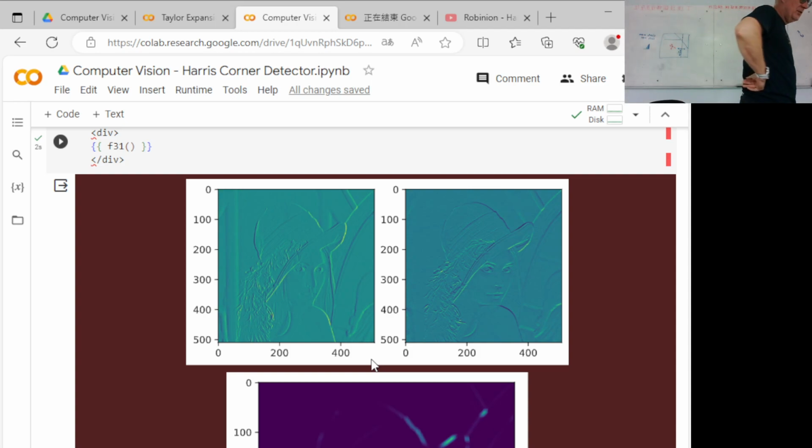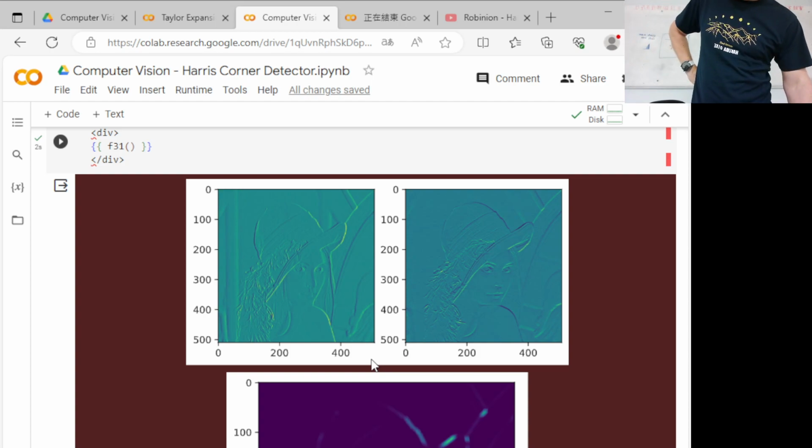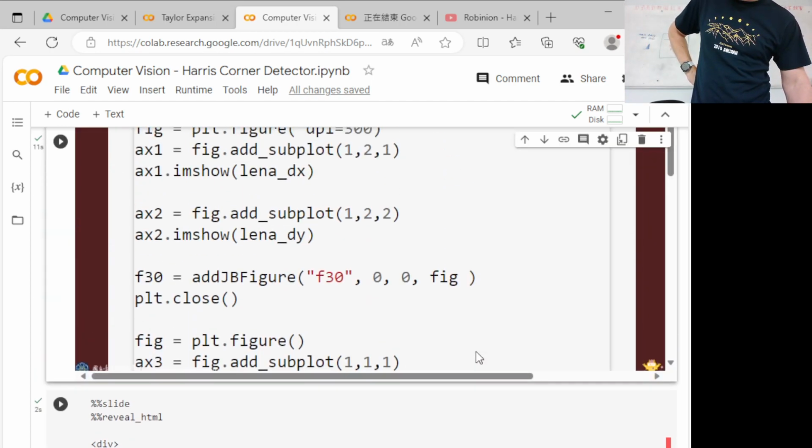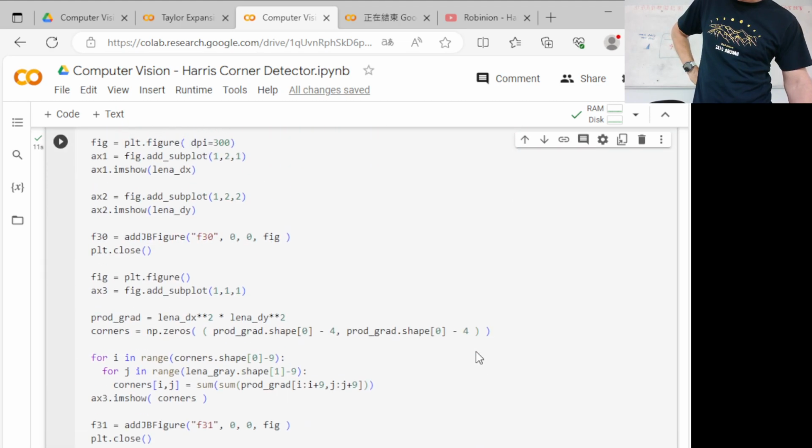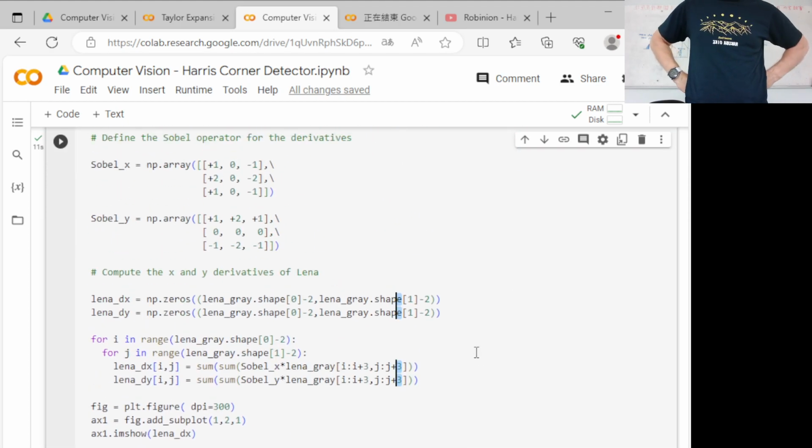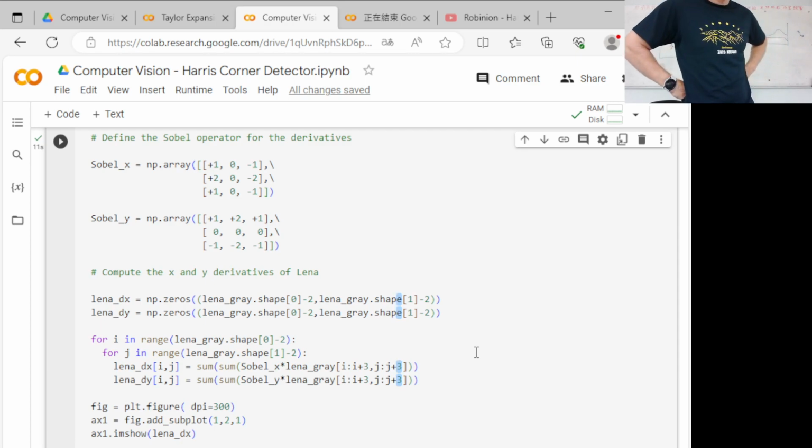Okay, good. So that's it as far as the class is concerned for today. As an exercise, implement the Harris corner detector and run it on one of your own images. You can use the OpenCV Harris detector, and one thing you want to do is check how fast it can actually run.